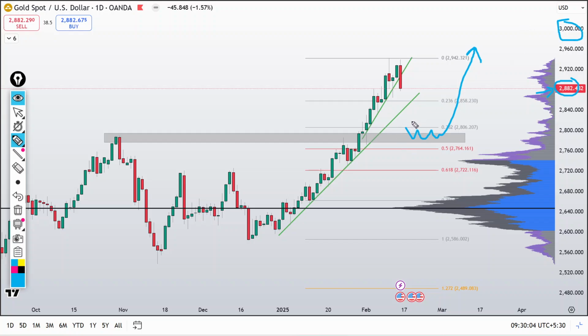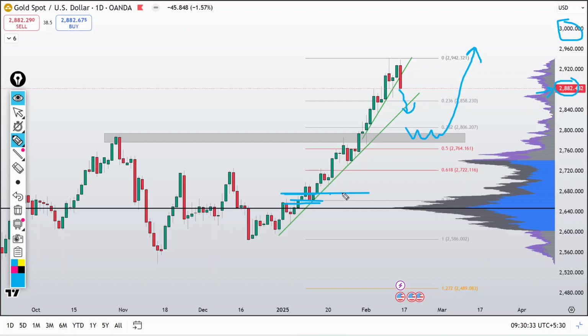So overall the scenario is still bullish, but currently we are in a consolidation or pullback phase, and we have to act accordingly. So yes, a short position is also possible, but if you are following my analysis in Telegram and in TradingView also, and on YouTube also, I'm currently holding buy positions from this area around 2650.